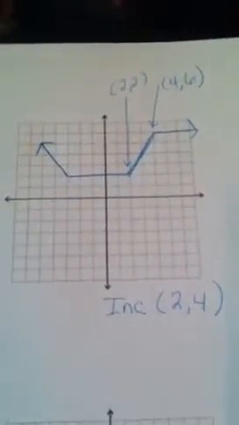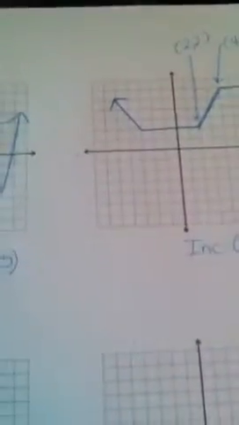Now it's possible you may not be given a graph, but just given an equation, and you would need to put that equation into your calculator. So let's pull out our handy dandy calculator.